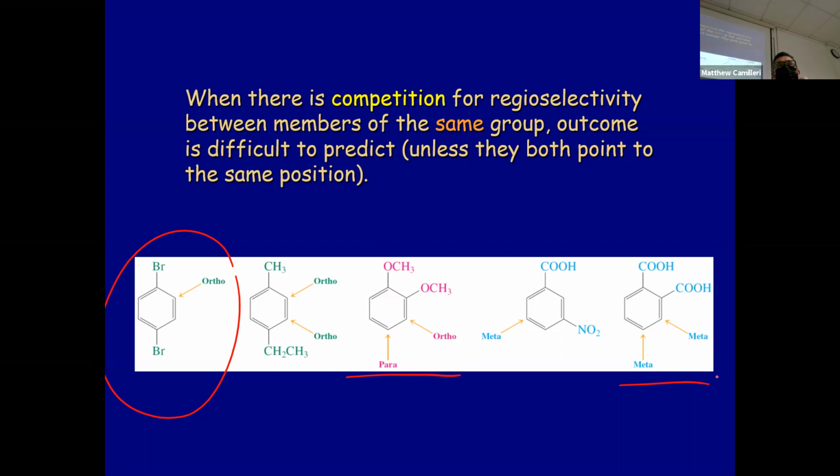Because the ortho and the para positions, again, let's call them A and B, are going to be very, very different.